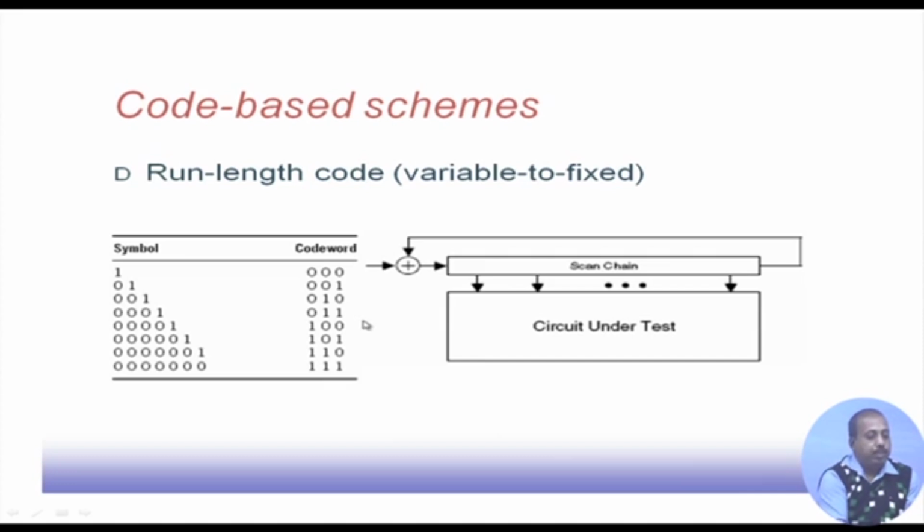What the decoder, or the decompressor, does is check the line coming from the ATE. If it finds the next 3 bits as 0 0 0, it will know that the actual symbol is 1. If it finds that the next 3 bits are 1 0 0, it knows that in the scan chain I have to put in this particular pattern 0 0 0 0 1. So that is to be put in.